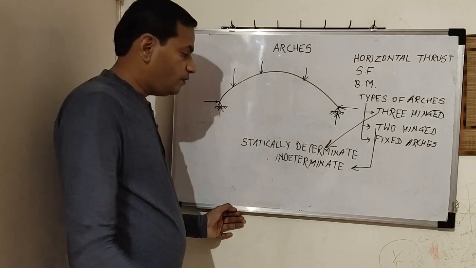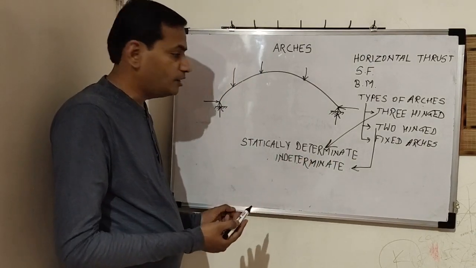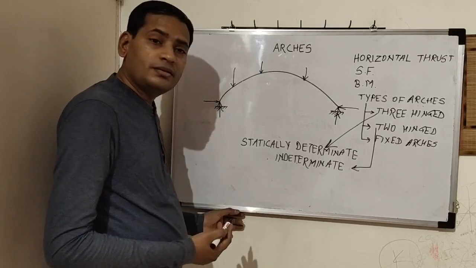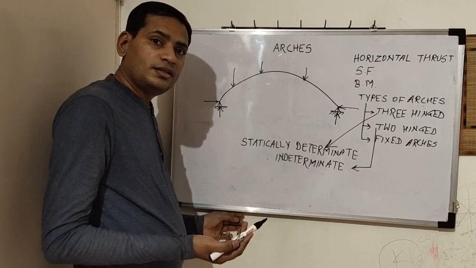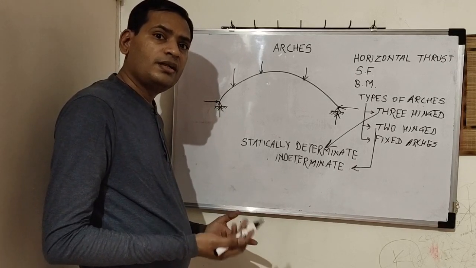So solving a statically determinate 3 hinged arch is simple in approach. For the indeterminate one, that is the 2 hinged arch, some additional equations of equilibrium are required.